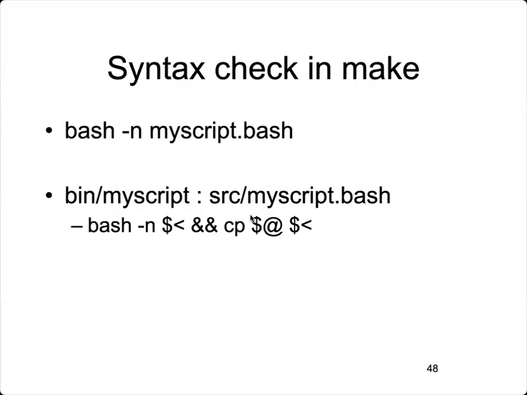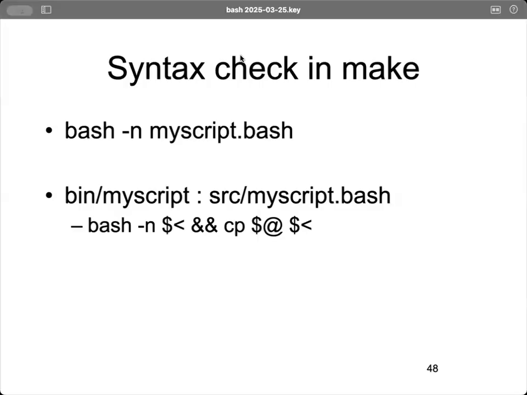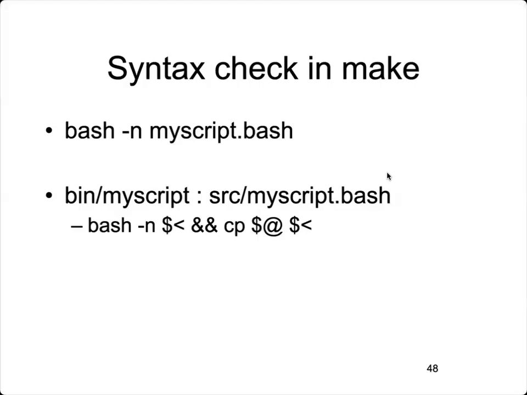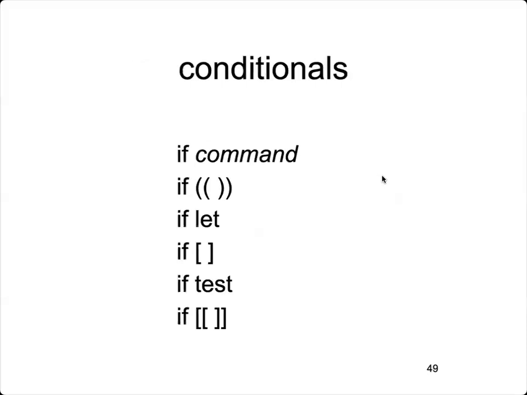I no longer use make, but it copies it. It will copy the script to the target location after it passes a syntax check. Now, I'll warn you, that syntax check barely does anything. So it's not going to be anything you're going to catch a lot of errors with.